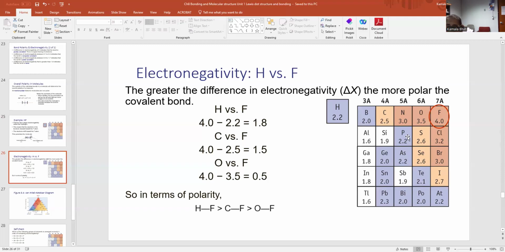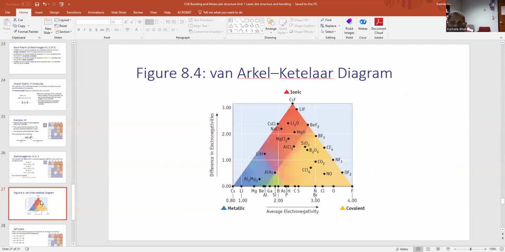So you can see that HF is 1.8, carbon-fluorine is 1.5, and oxygen-fluorine is 0.5. So in terms of polarity, HF is the largest, followed by CF and then OF.